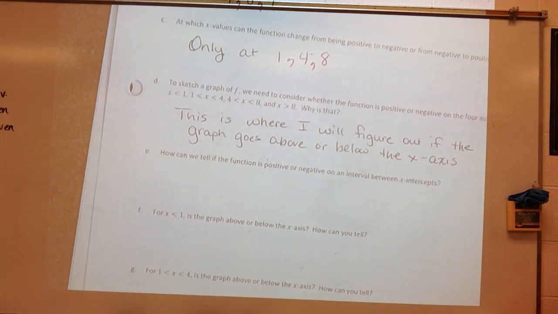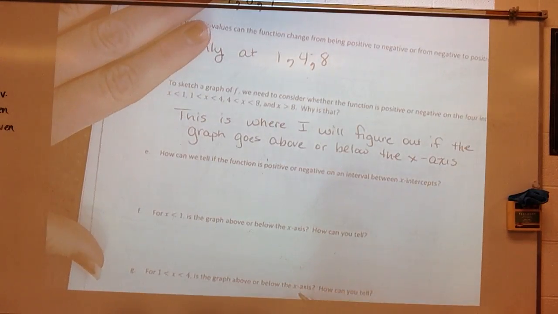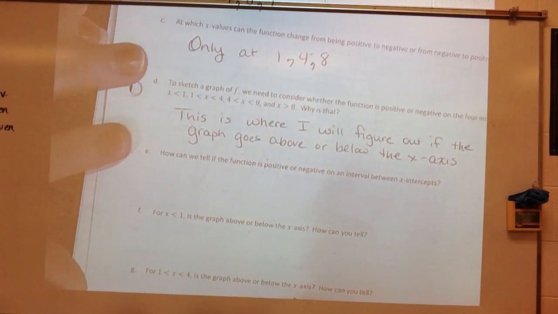To tell if the function is positive or negative on an interval between x-intercepts, we would have to evaluate the function at a single point in that interval.